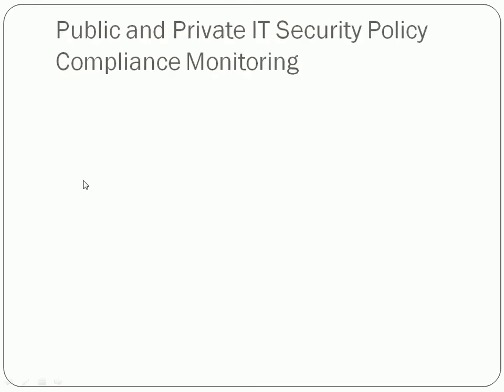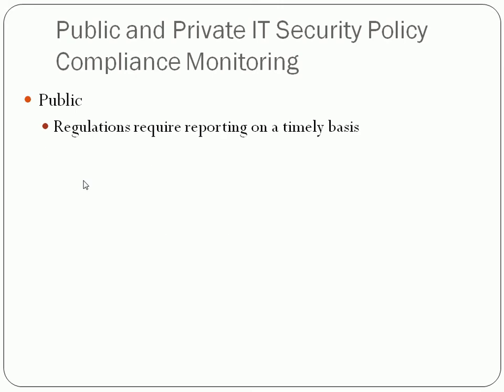Our book also talks about compliance monitoring and the difference between compliance monitoring in the public and the private sector. So in the public sector, public sector would be any company that's publicly traded or is regulated. So even if it's a private company, if they sell to the government or they work with the government or they're a government contractor, they would fall under the public category.